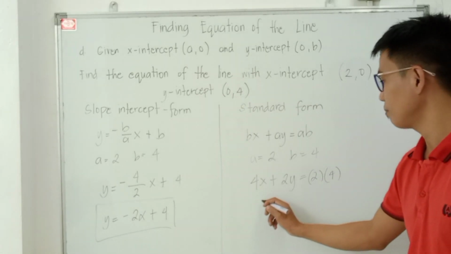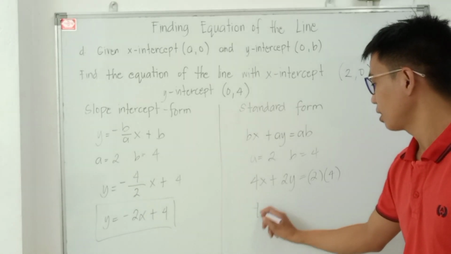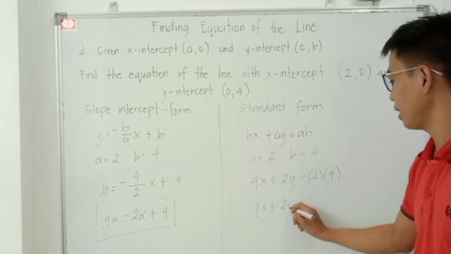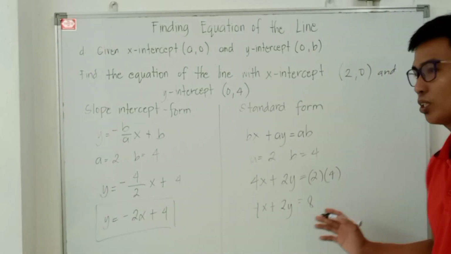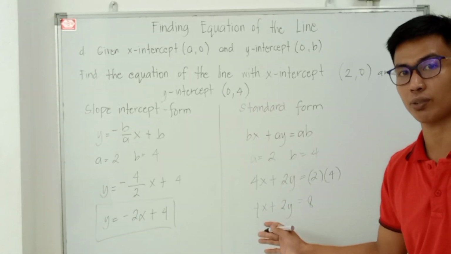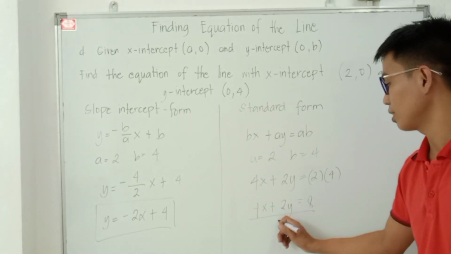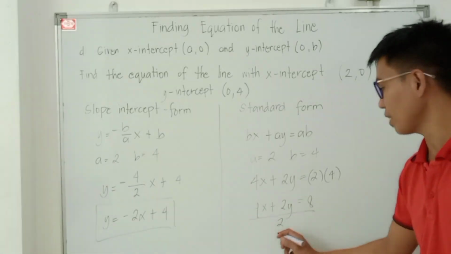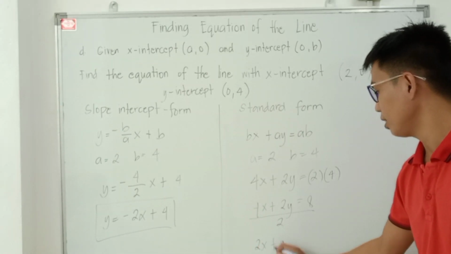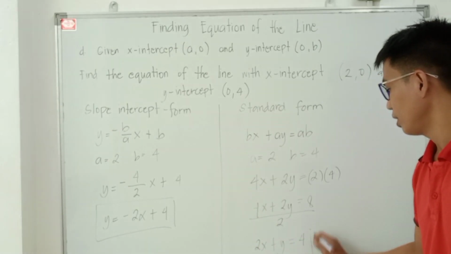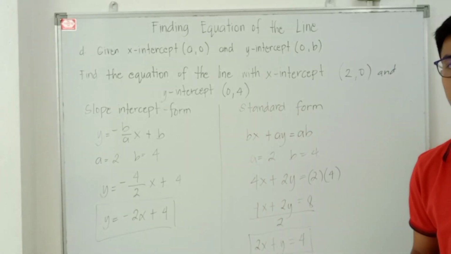So that will be 4x plus 2y equals 8. And kung mapapansin nyo, lahat naman sila ay divisible sa 2. So i-divide natin siya sa 2. And for our final answer, that is 2x plus y equals 4. And that is the standard form of the equation.